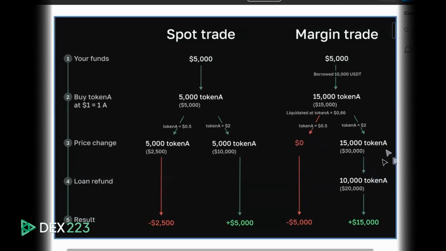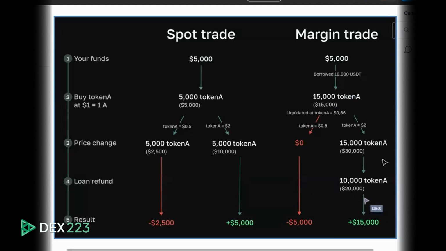So if the trade goes well for you, in case of margin trading, you can close it. You will pay the loan back. You pay $10,000 because you borrowed it. In optimal conditions, you are also paying the interest. You are not borrowing the funds just for free. You are paying the interest, but in this example, we don't have it accounted.